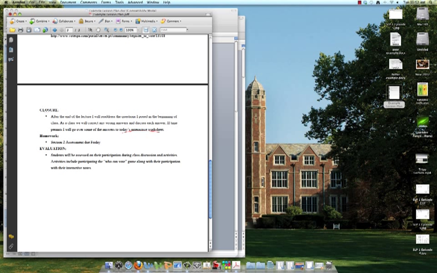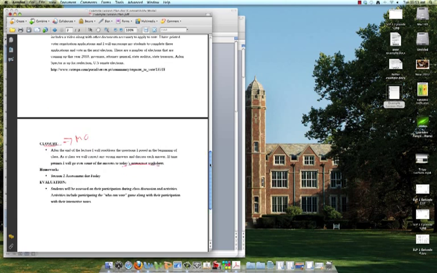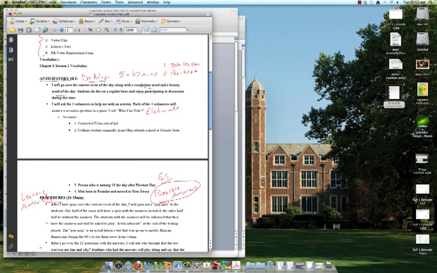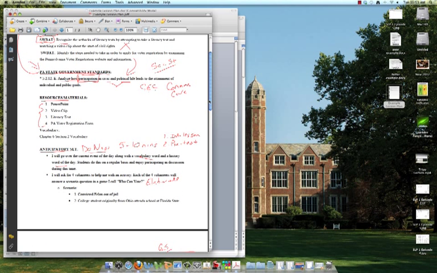But remember I said the closure should link to the mastery objectives, right? So let's go up and make sure that these scenarios are what students are actually supposed to learn. She said that they're going to recognize the setbacks of literacy tests, which was in her activities but not in that closure, by attempting to take a literacy test and watch a video. She doesn't do that. She will have no idea if students actually learned this.